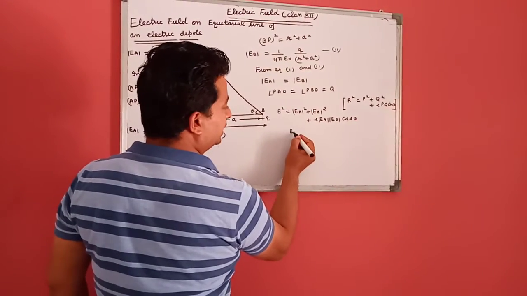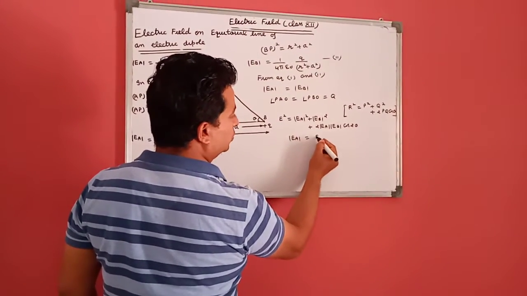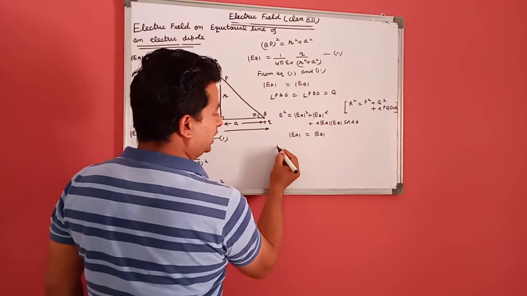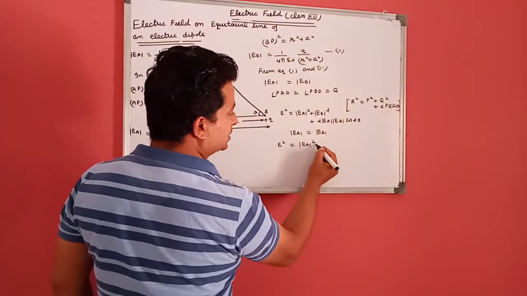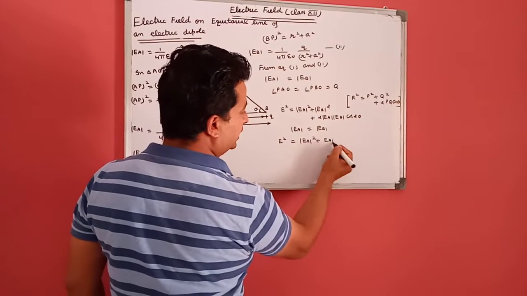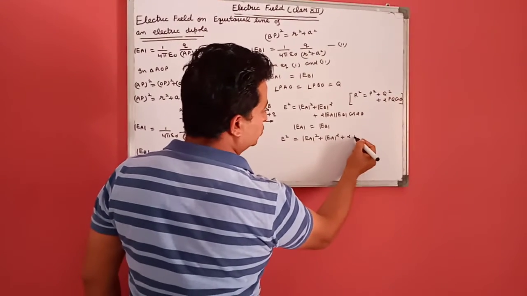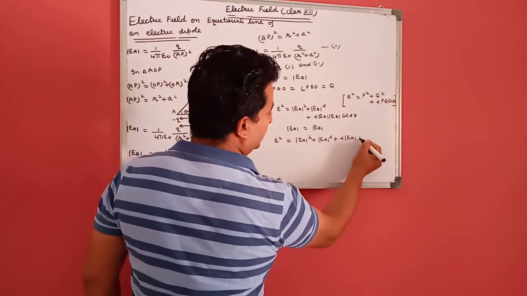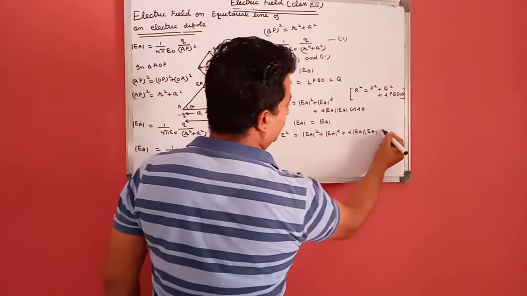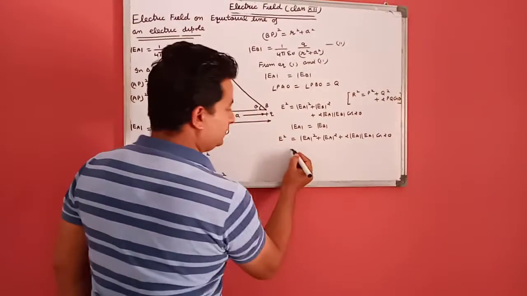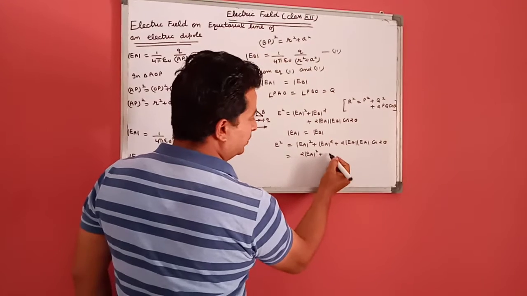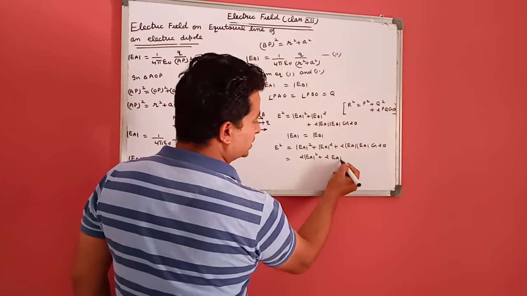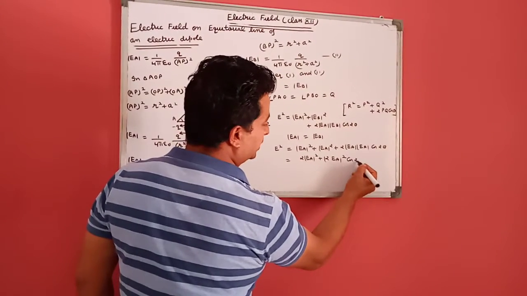As we know, EA magnitude equals EB magnitude. When we put the value here, we get EA square plus EA square plus 2EA into EA cos 2 theta. This becomes 2EA whole square plus 2EA whole square cos 2 theta.